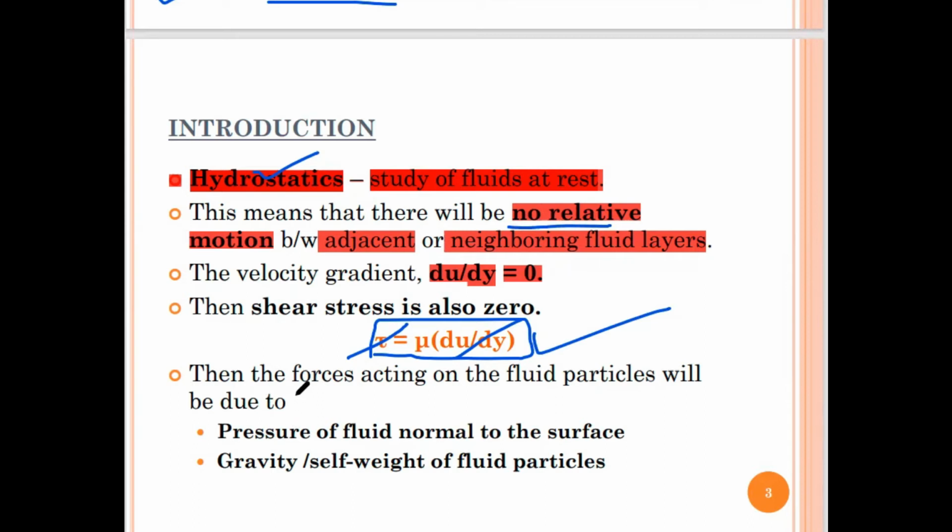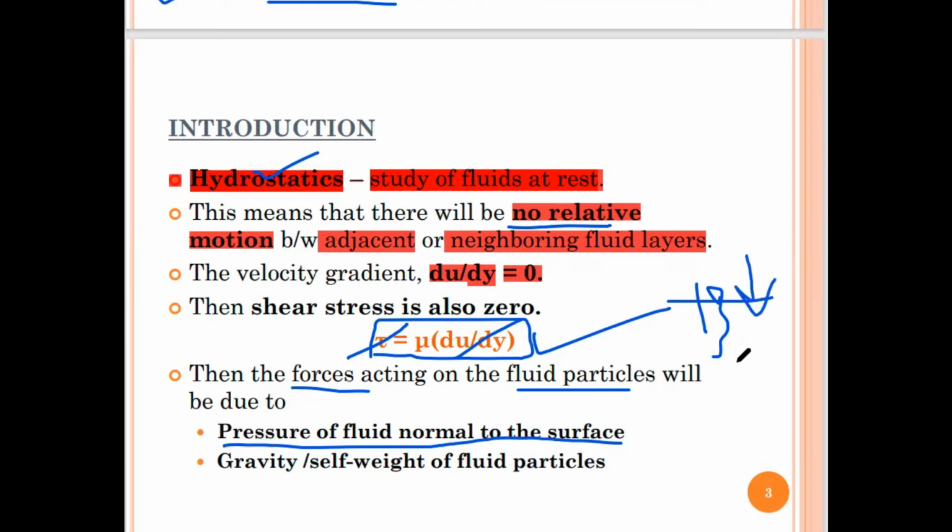And the forces which act on the fluid particle, basically, the force that acts on the fluid particles is due to the pressure of the fluid normal to the surface. For example, if you consider this is the free surface of the liquid, the pressure of the fluid acts normal to the surface.